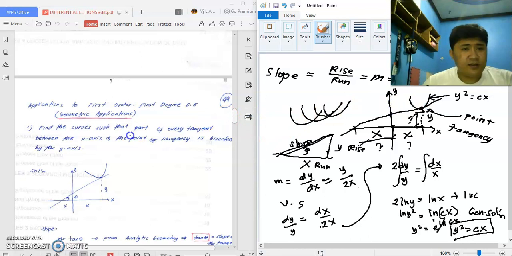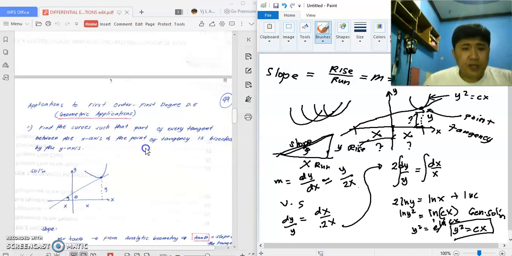We have clear instructions here that every tangent, so this is your tangent, it represents the slope, right? So we know that tangent is represented by m, which is rise over run, which is your slope.